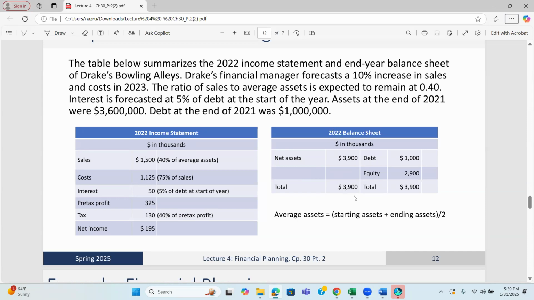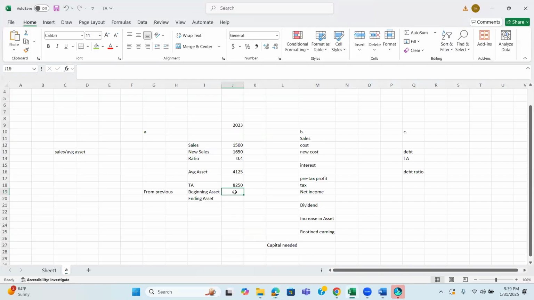We can see in 2022, the asset was 3900. So this 3900 is basically the beginning asset for 2023, and the difference of total asset and beginning asset will give you the value of ending asset. Okay, so this amount is in thousands, so 4350 thousand will be the ending asset for 2023.